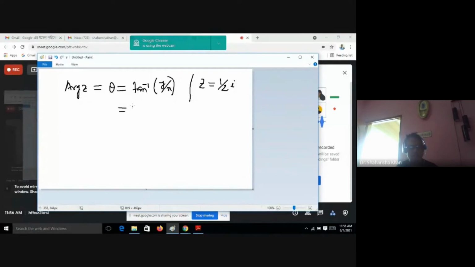So tan inverse of y, the imaginary part, half, over x, which is 0, gives tan inverse half equal to theta, the argument of z. This is the argument of z. It is called the principal argument.